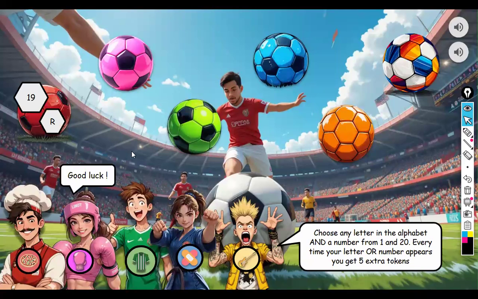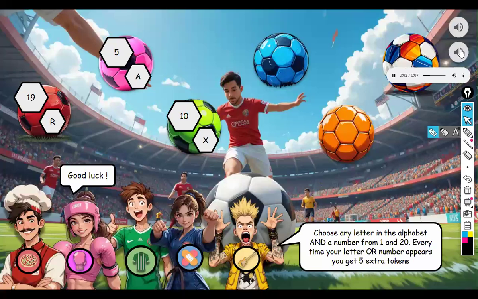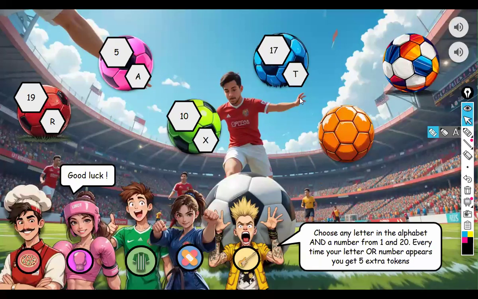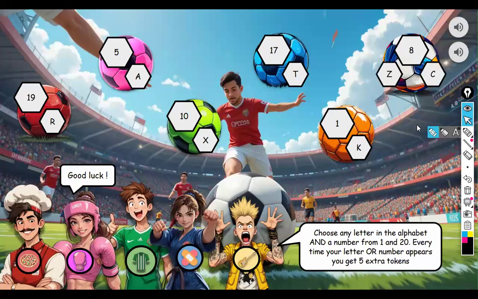You read 1, 19 and R. So I hope someone at least picked 19 or R. The next ball is 5 and 8. So if anybody picked 5 or 8, you're getting 5 tokens. 10, X. The next ball is 17 and T. 1 and K. And the last ball, 8, D or C. I hope either your number.